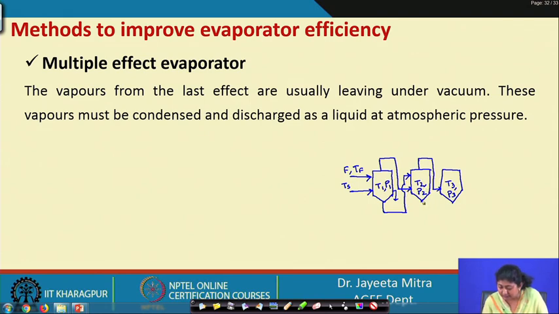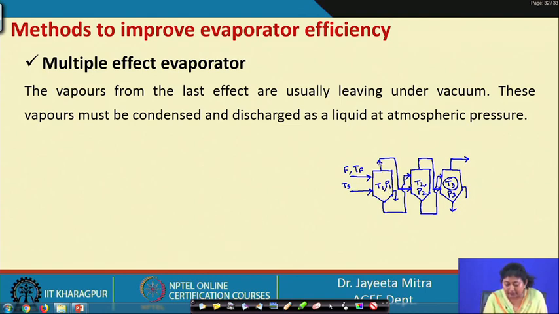Similarly, the concentrate coming from the second effect will be utilized as the feed in the third effect, right. And finally, the vapor which is coming out from the third effect at the temperature of T3 will be going to the condenser, right.